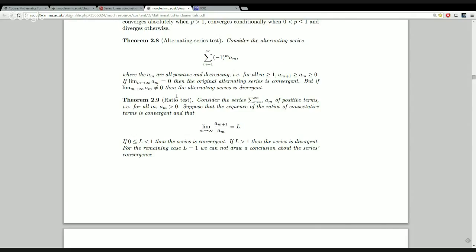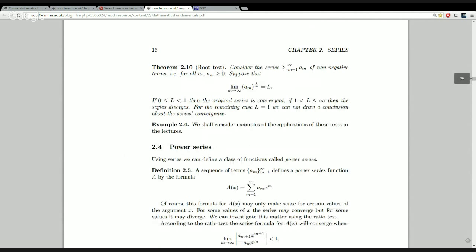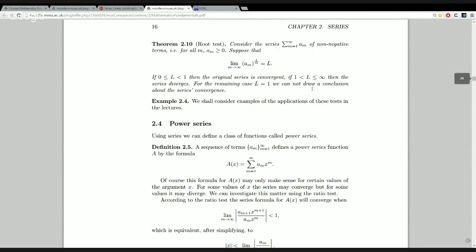Again, it'll never tell you the actual value of the infinite series, but it will sometimes allow you to draw conclusions about the convergence or divergence of the given series. And then there's yet more, the root test. It's a kind of unusual one, but involves taking nth roots of your series term.